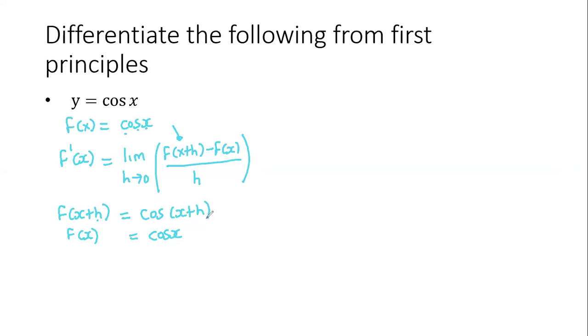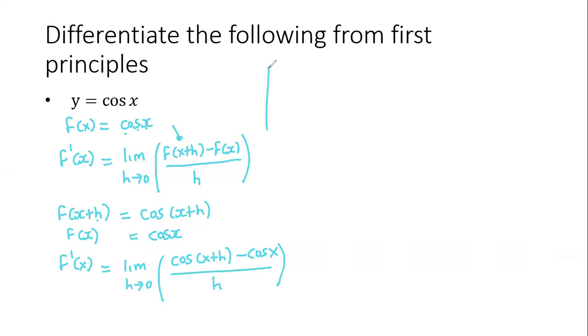Now, after reaching that point, you'll notice that in our formula, f prime of x is equal to the limit as h tends to 0 of cos of x plus h minus cos of x, everything divided by h. Now when you reach here, the factor formula comes back.